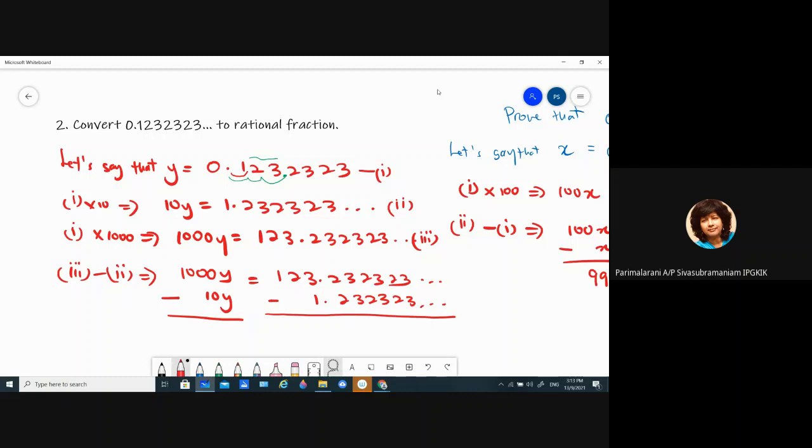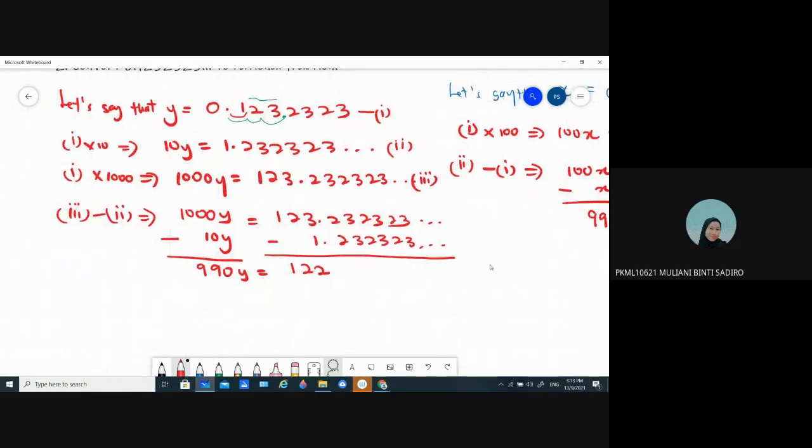So 1000y minus 10y will be 990y is equivalent to, how much is this on our right? 122. So what is our y? Therefore, y is equals to 122 over 990.